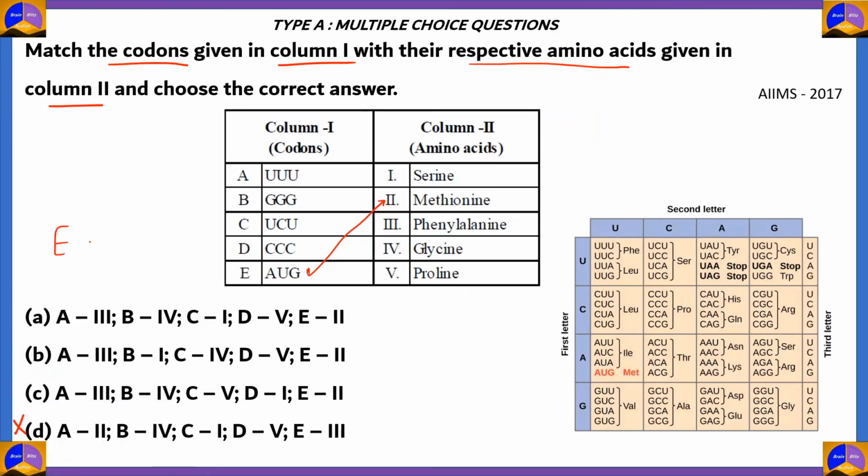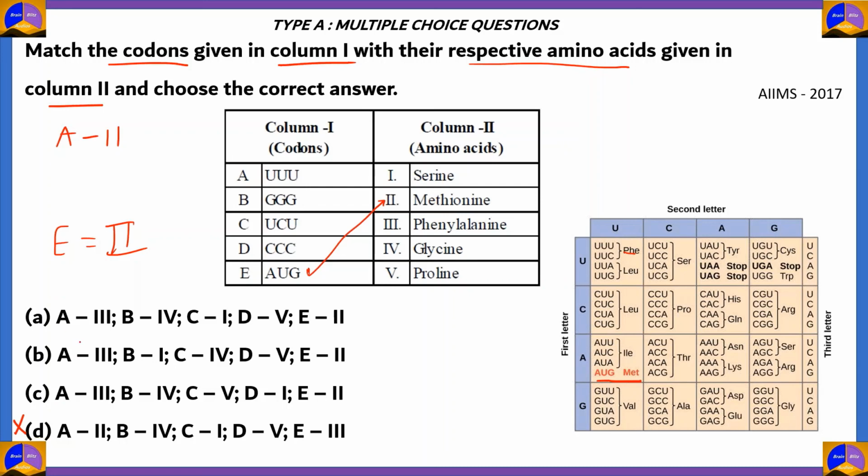As I said, AUG always codes for methionine, and you can have your proof right here. Now, for the codon UUU, we find that it shares with UUC in order to code for PHE, which is phenylalanine. So A is 3.